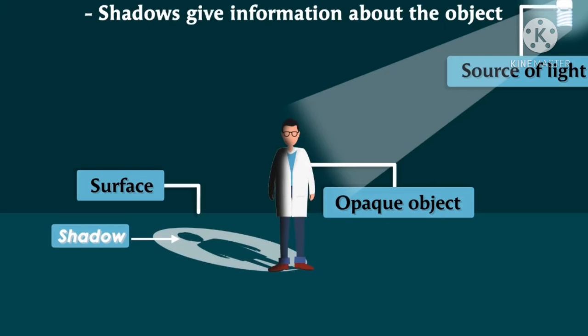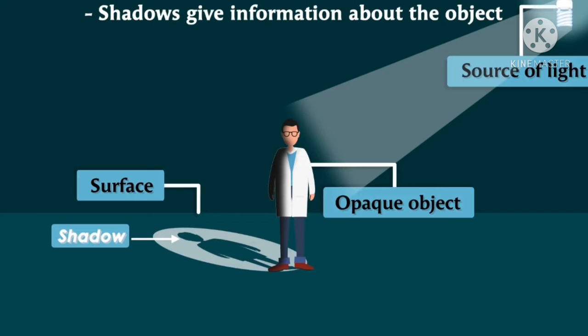Since a fluorescent tube light is very long, some of the light from it always reaches behind the opaque objects, leading to the formation of very faint shadows. The shadows formed by fluorescent tube light are so faint that it is usually very difficult to see them.